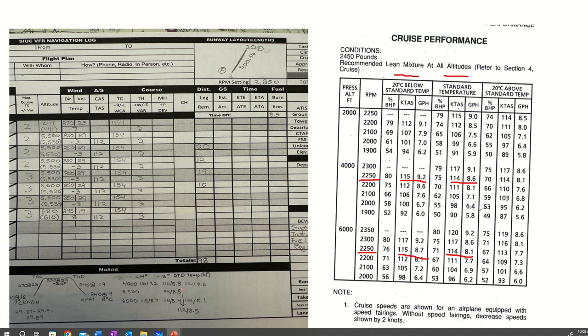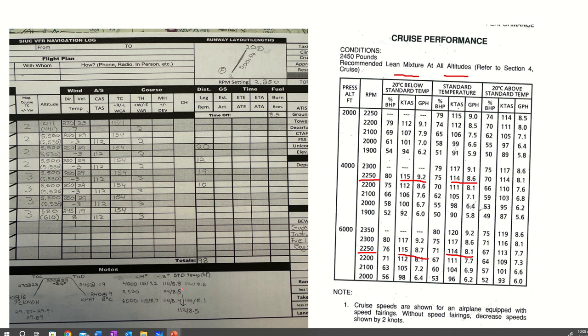If I want to figure out how much change there is per degree of difference, then I would divide that 0.6 by 20, okay, and that gives me 0.03. So if I know that my gallon per hour burn is changing by 0.03 per degree of change, then I can factor that in, right?